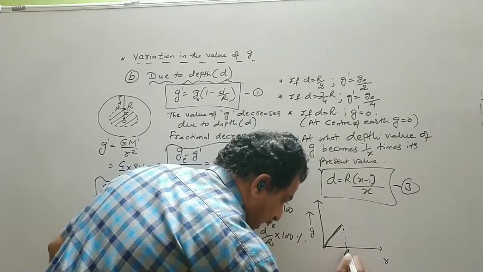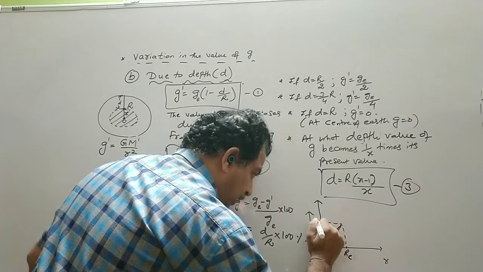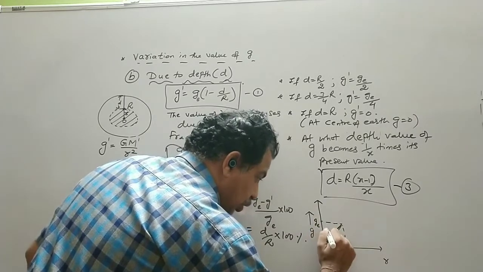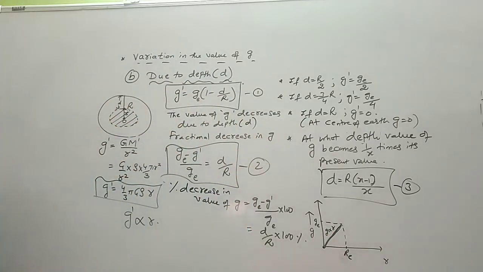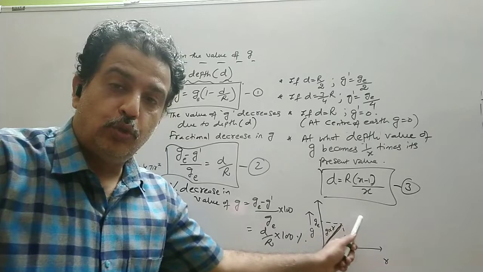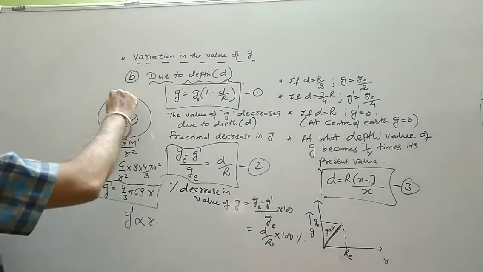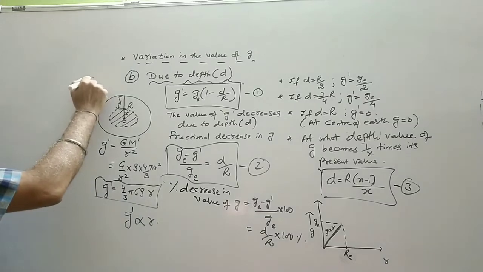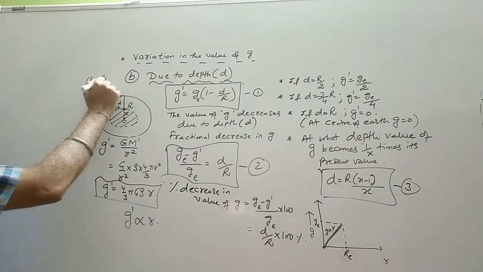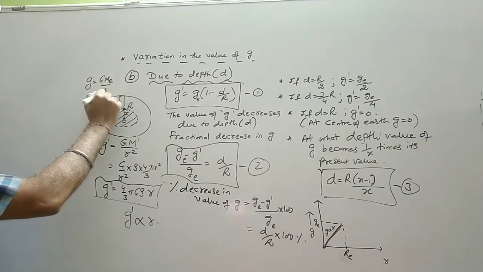This value is RE, and correspondingly this value is GE. So g is directly proportional to r as we move from the center of the earth to its surface. Now above the surface, again the value of g decreases, and the general formula becomes GME upon R square.